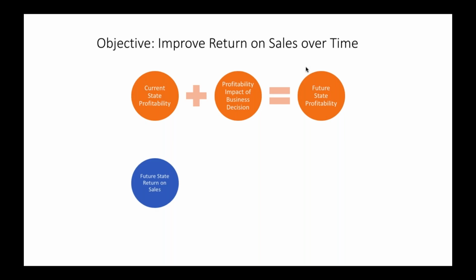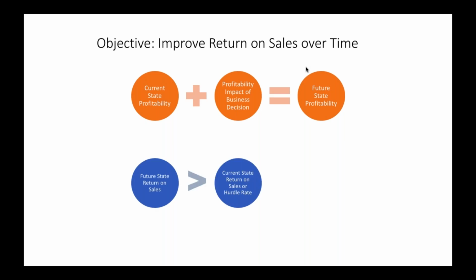The overall goal of lean practices and the decision making is to improve the return on sales over time. You have a current state profitability rate. You want to look at the profitability impact of the business decision and calculate a future state profitability.